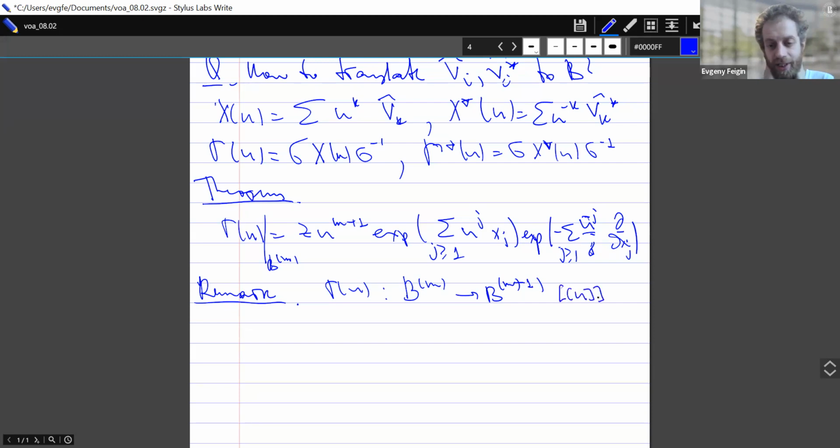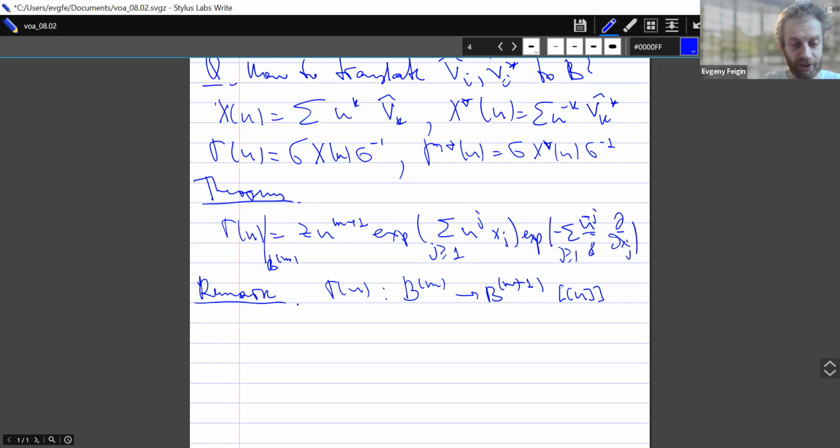Yeah, so if you take a vector in Bm, and then you apply the series gamma of u, then the result is a series again in u, and the coefficients are vectors in Bm plus 1, just by the very definition.